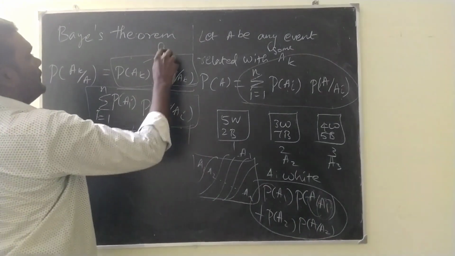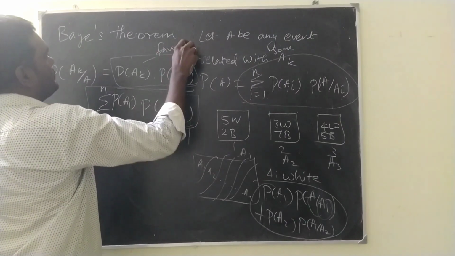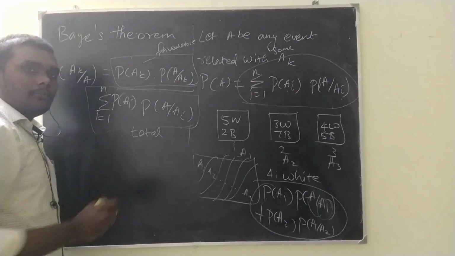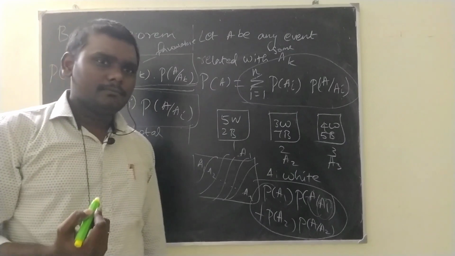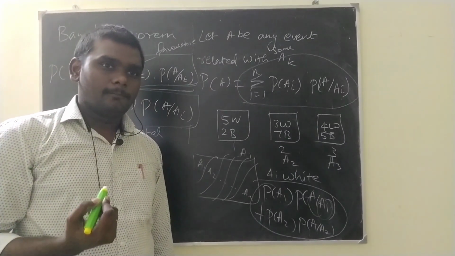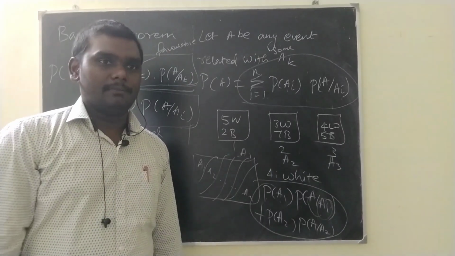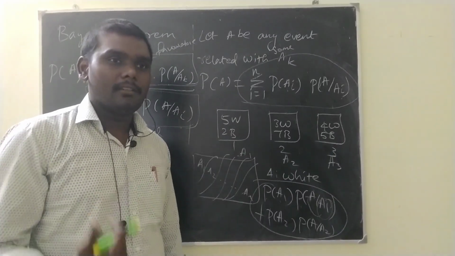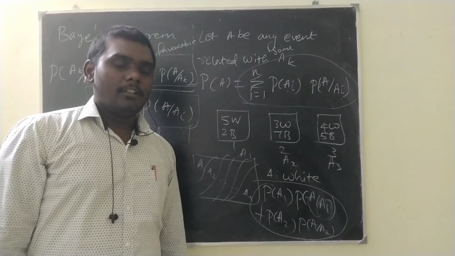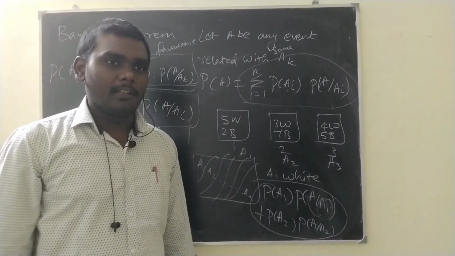So this is favorable by total. That is what? Probability of an event: favorable outcomes divided by total number of outcomes. So that is the basic concept in this Bayes theorem.